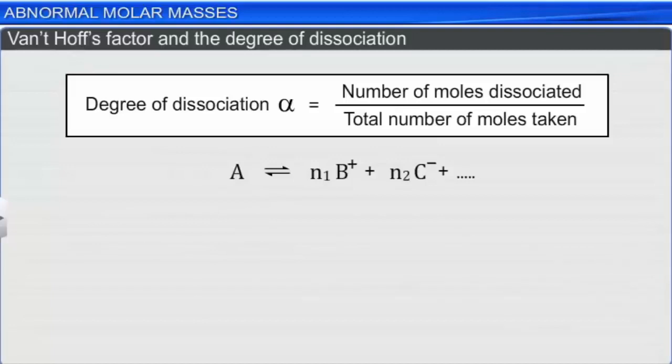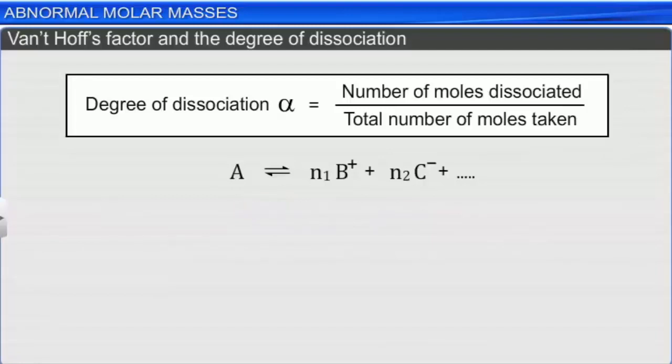Suppose one molecule of electrolyte A gives n number of ions on complete dissociation. That is, in general, A dissociates to give n1 moles of B plus n2 moles of C, and so on, such that n1 plus n2 plus and so on is equal to n.